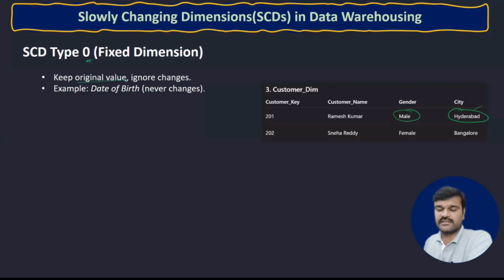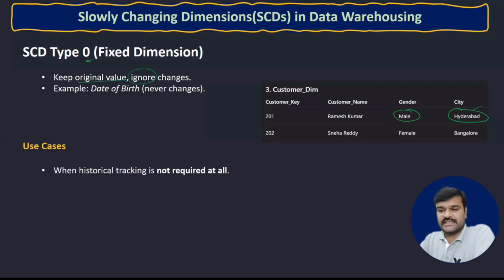The original value is always going to be there, even if you try to change it. You might observe this in real life too: when you apply for anything or create an account, some values you cannot change afterwards. Date of birth is one simple example.